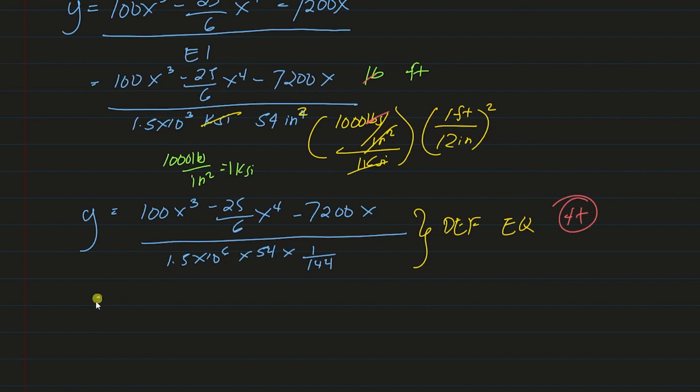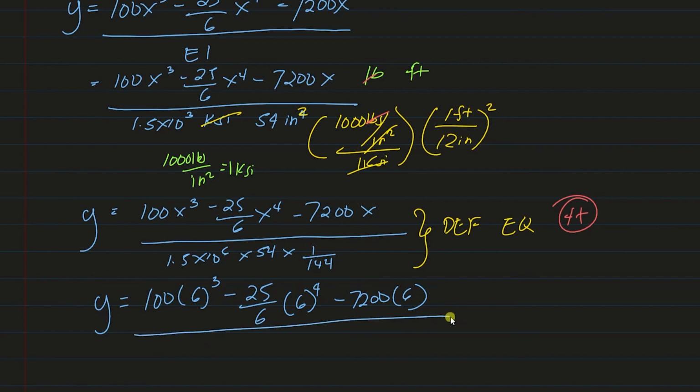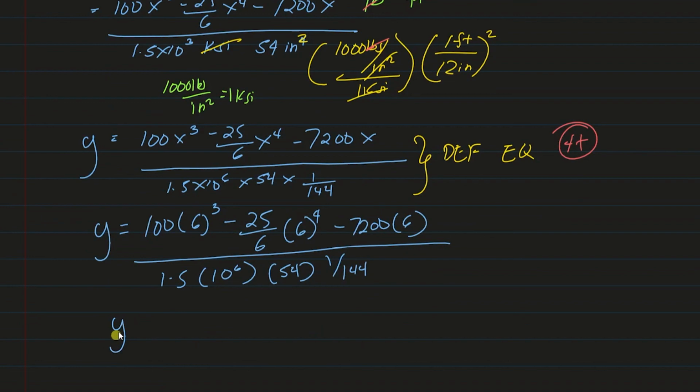So, substitute lang tayo at x is equal to 6 kasi doon yung location ng max def. 100 times 6 cube minus 25 over 6 times 6 raised to the 4th power minus 7,200 times 6 divided by 1.5, times 54, times 1 over 144. Solve natin yan. Yan yung magiging sagot natin na maximum deflection.